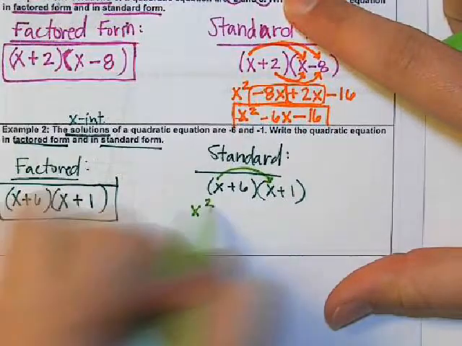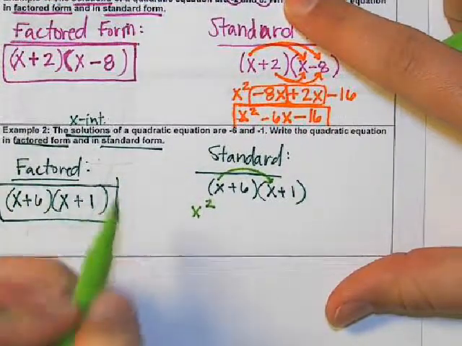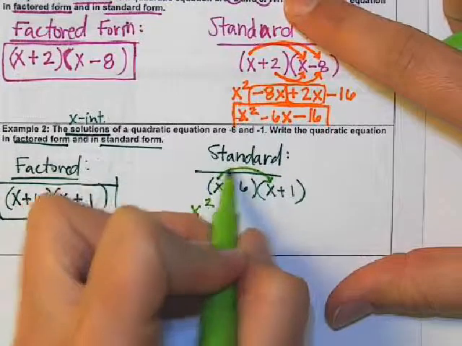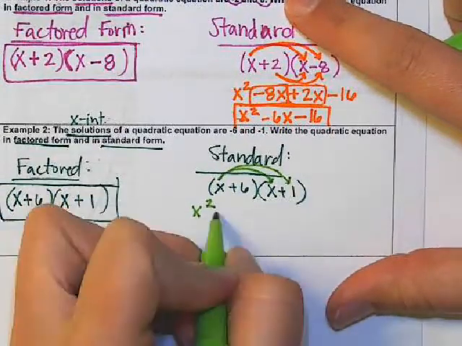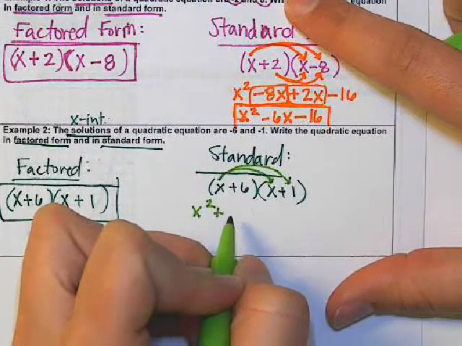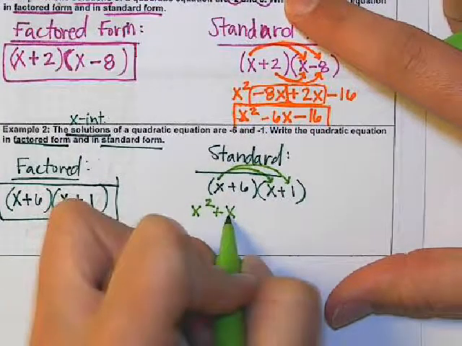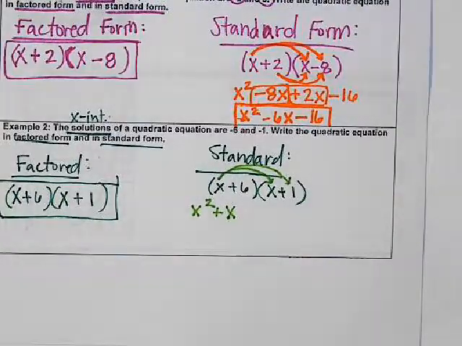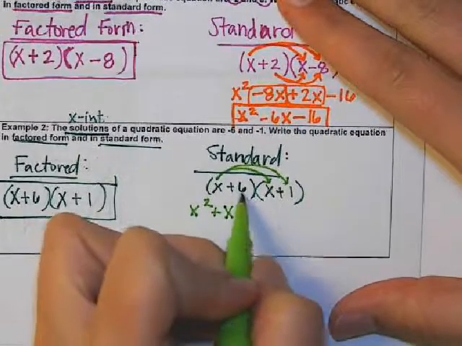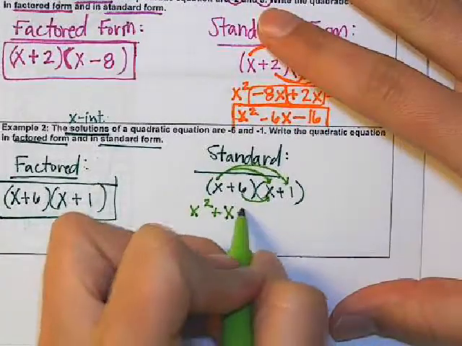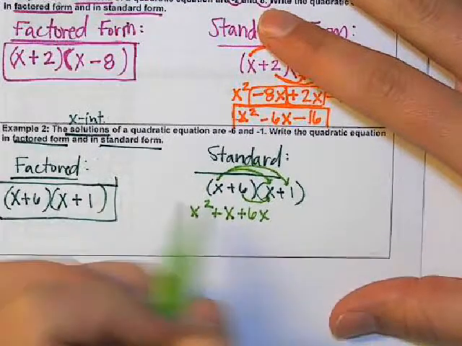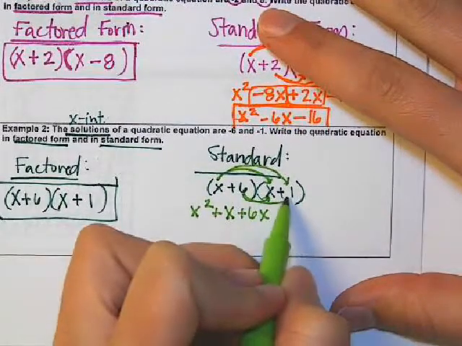Make sure you're drawing your arrows one at a time and then the answer. X times 1 is positive 1x. Do I have to write the 1? No, so I'm just going to write regular x. Then I go underneath. 6 times x is 6x, positive 6x. Good.